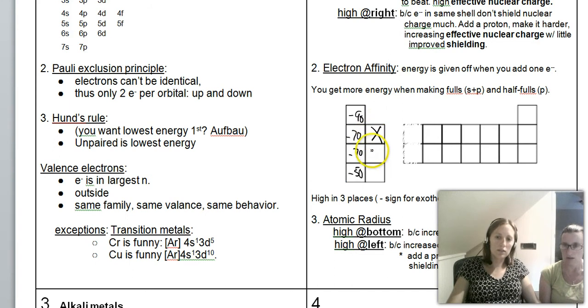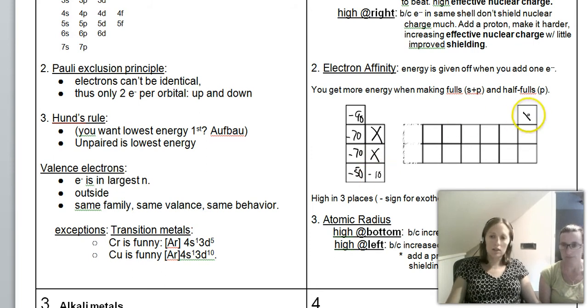This element, beryllium, and this element, calcium, magnesium, they do not exothermically receive an electron, so they actually don't have an electron affinity value. This one barely does.